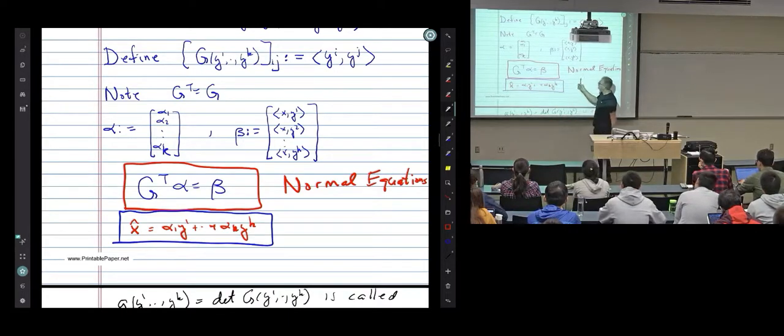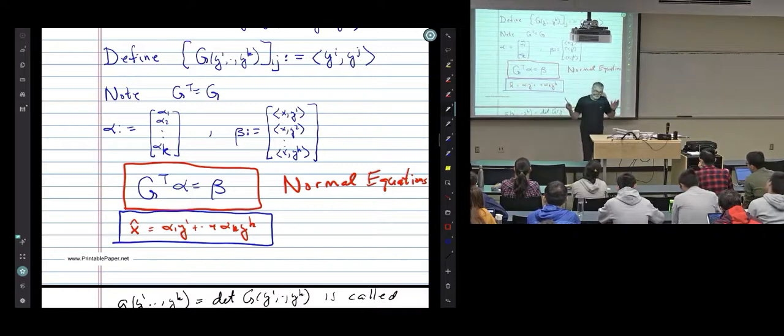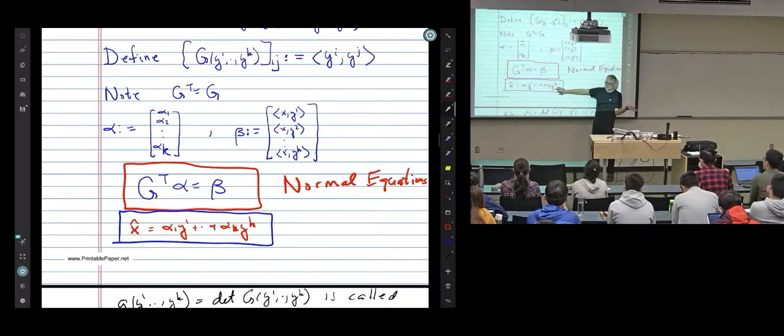We weren't thinking about what vectors we are using to do the approximation, and we weren't thinking about what the inner product is on the vector space in which those things live.